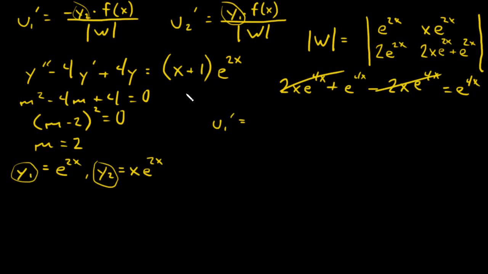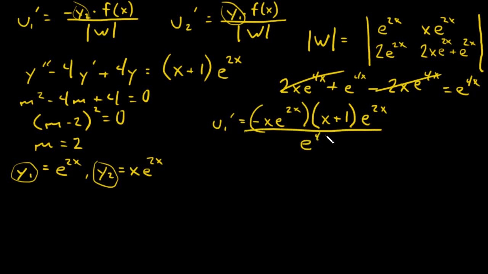So I'm going to have negative y2 times my f(x). That is negative y2, so negative x e^(2x) times f(x), which is this right here, so (x + 1) e^(2x), divided by e^(4x).